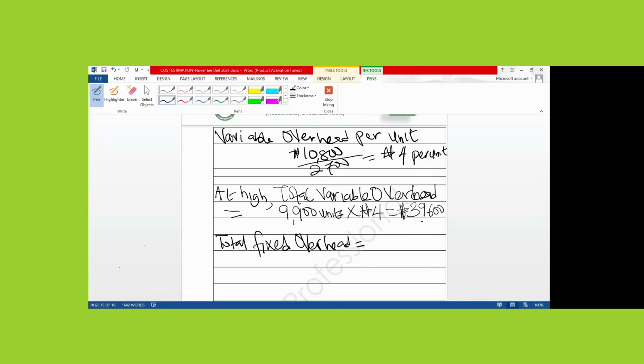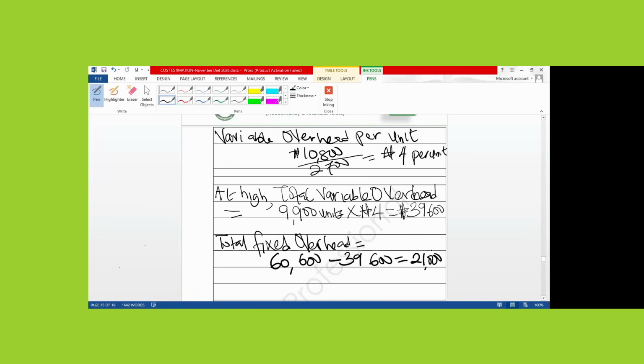If total variable is 39,600, what is total fixed cost? 60,600 minus 39,600 will give you 21,000.